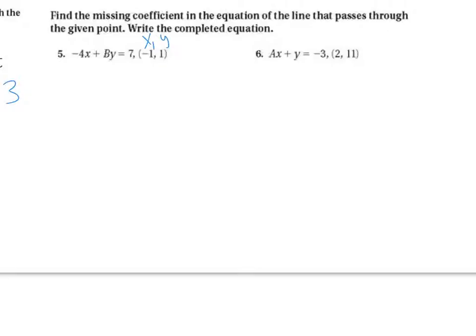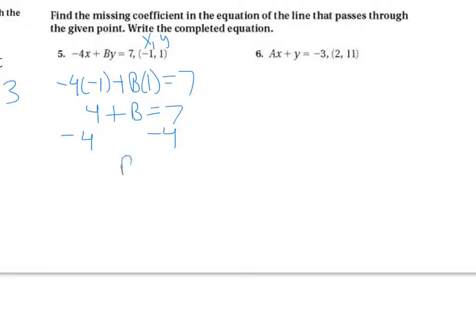Well, let's plug that in. So you have negative 4 times negative 1 plus b times 1 equals 7. So you get 4 plus b equals 7. Subtract the 4. You get b equals 3. So the final answer now, negative 4x plus 3y equals 7.